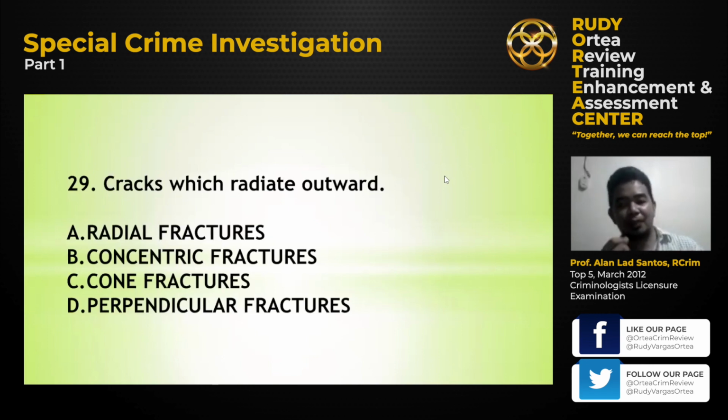Kung naalala niyo yung lecture natin kahapon sa wheel method, ganun yung crack niya: nagsisimula sa center, tapos kumakalat. So, Mexico answered A, tama. The answer is radial fractures. Yung tinatawag nating cone characteristic na yan. If you will use a microscope, hindi naman totally na-destroy yung glass, nagkaroon lang ng butas.